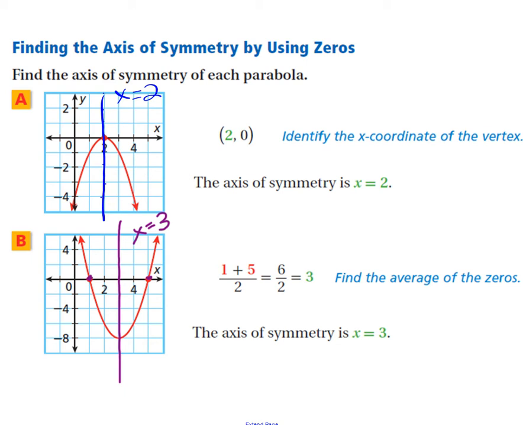So now what you need to think about is using your smartitude. How can we use this piece of information to determine the coordinates of the vertex? Think about it. Don't say it out loud.